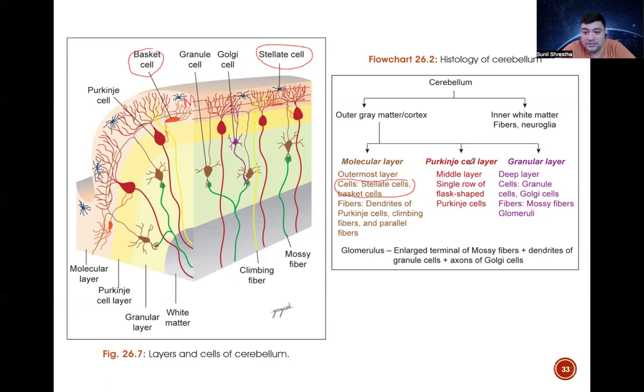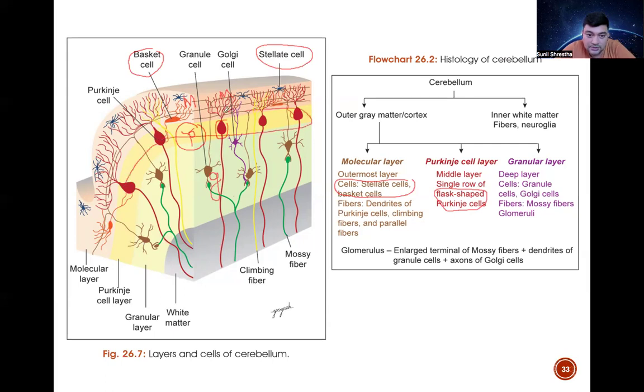And the Purkinje layer is the middle layer, present between the molecular layer and the granular layer. Here in the Purkinje layer you will find the flask-shaped Purkinje cell. These cells are always present in a single row.